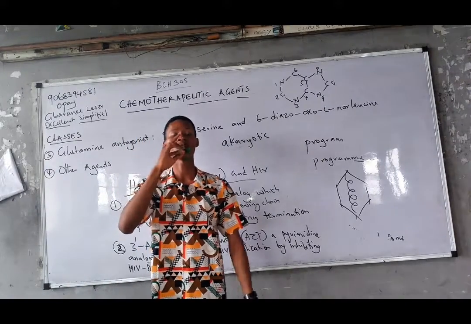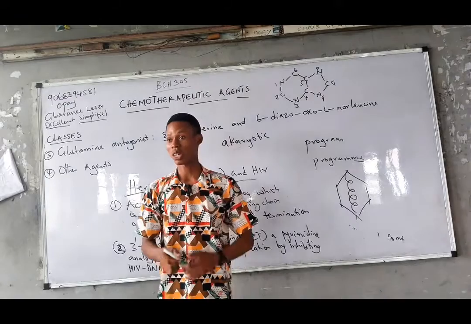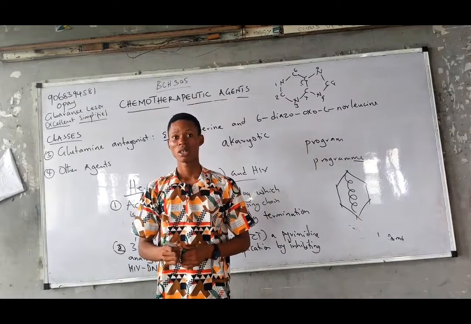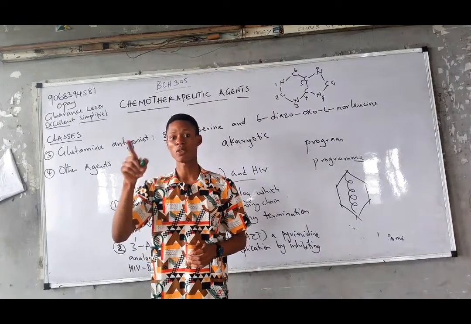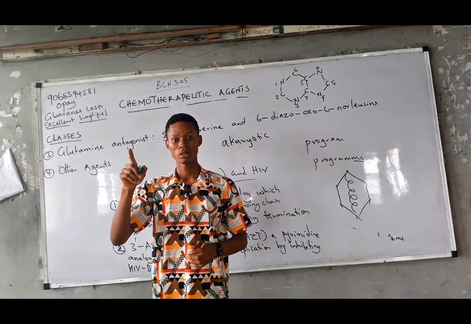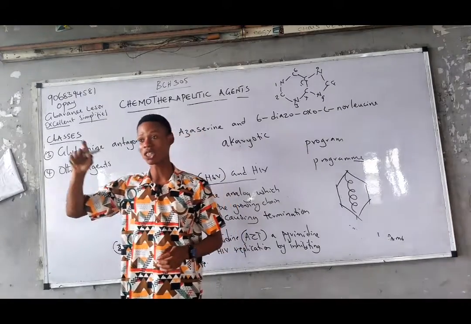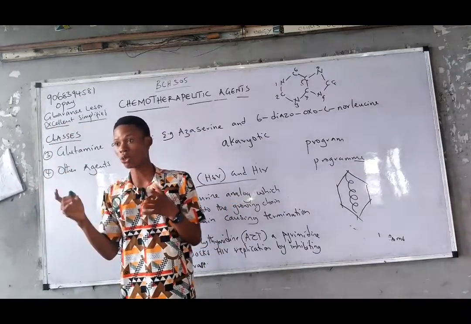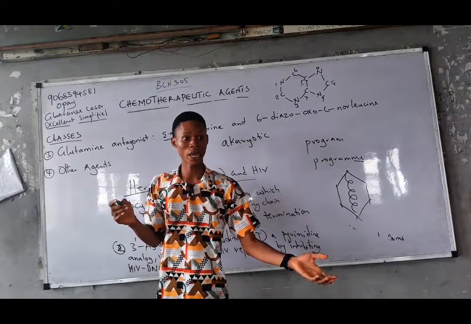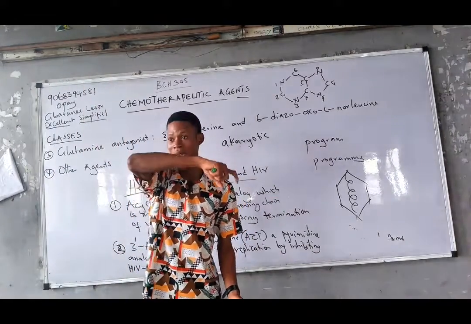Now, one thing you need to know about this virus, HIV: what is the full meaning of HIV? Human immunodeficiency virus. That is the virus. HIV is not the disease, hope you know. AIDS is the disease, right? HIV is what causes AIDS, is it not?